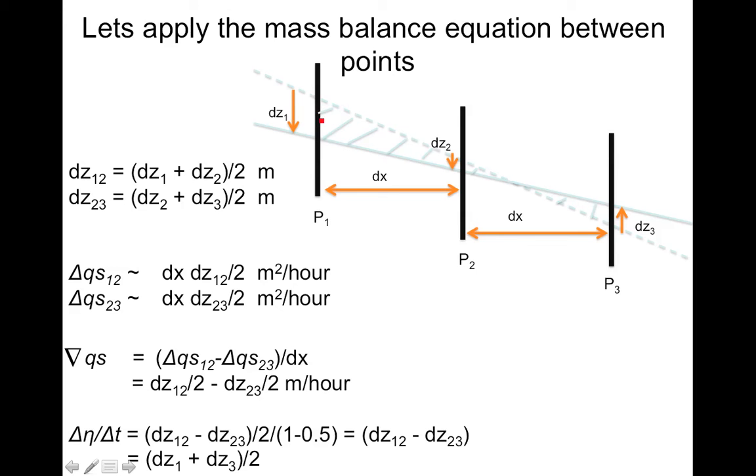Because if we divide this area by this distance, it's essentially similar to our delta QS divided by delta X. So this change in area divided by that distance is also our sediment flux. And you can see that makes sense, right? Because that's how much our elevation has changed over that distance.